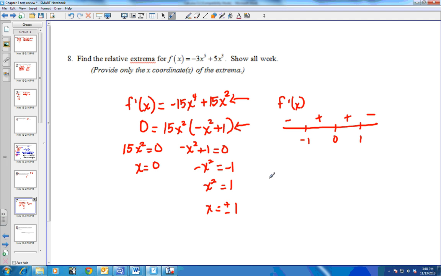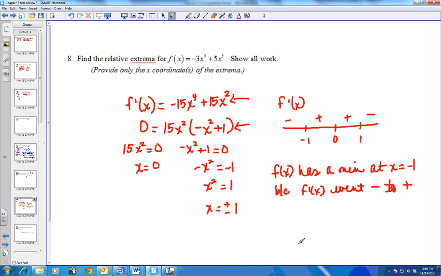So, f of x has a min at x equals negative 1, right here, because f prime of x went from negative to positive.